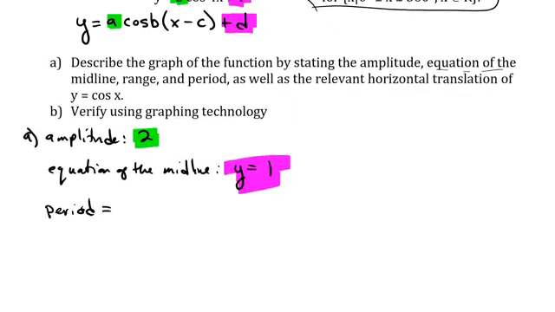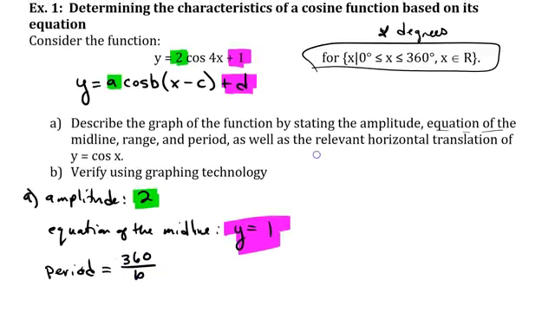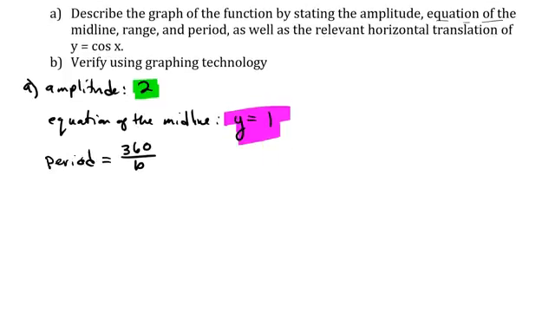So period equals 360 over b. Now in this case, our b is going to be 4. So that equals 360 over 4. Just going to show you where I got that.